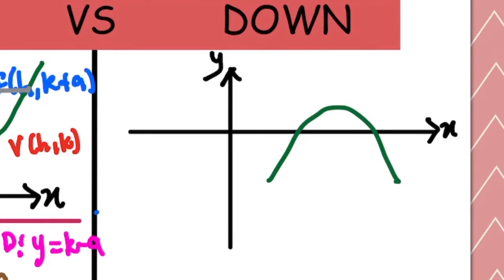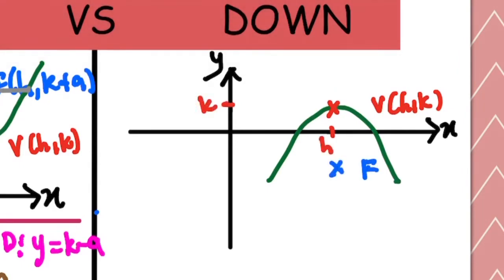Just draw a random graph anywhere that you like here, because I just want to show you an example. So let's repeat the whole process here. You will have your vertex V as H, K. Therefore this is your H as your x coordinate, and this is your K here as your y coordinate.